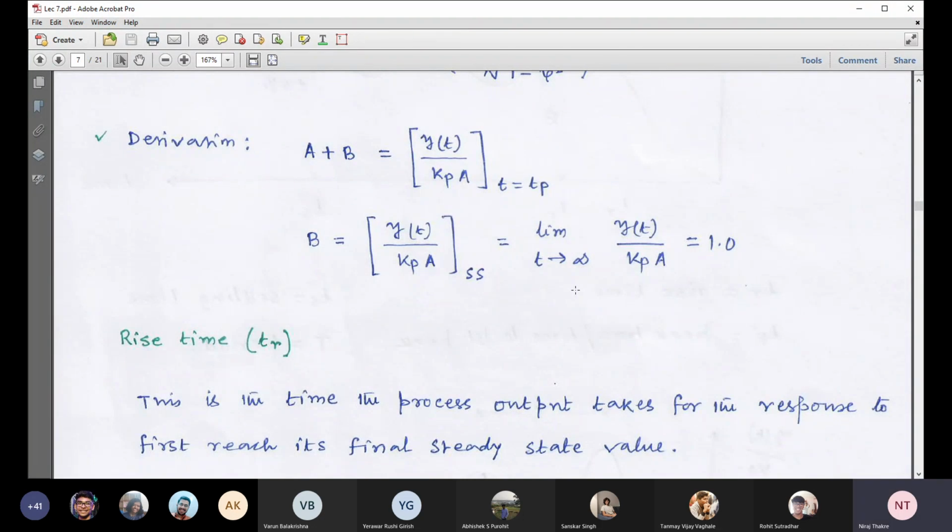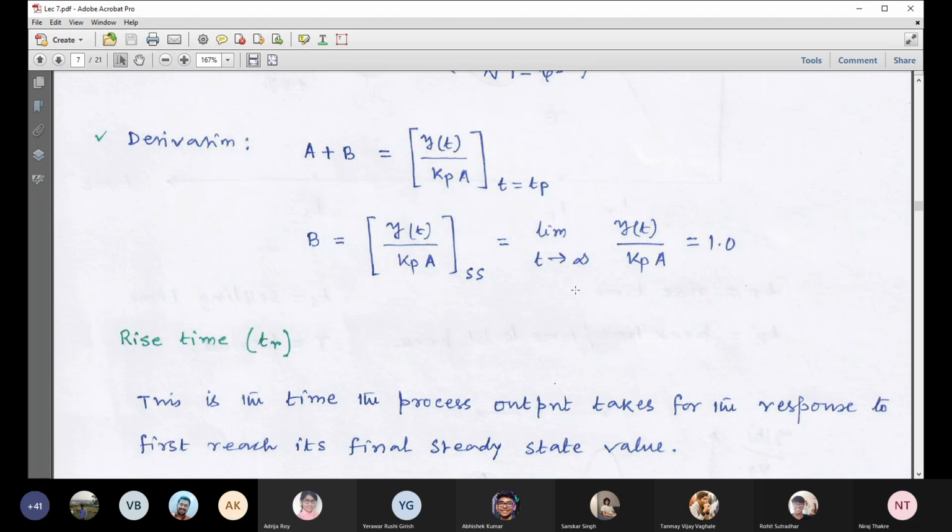Yes, sir, I'm also getting the same value. Tell what value you got. Pi minus phi, whole divided by omega. Yeah. What's your roll number? Someone else also told? Pi minus phi upon omega. What's your roll number?